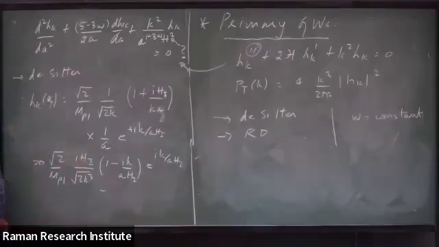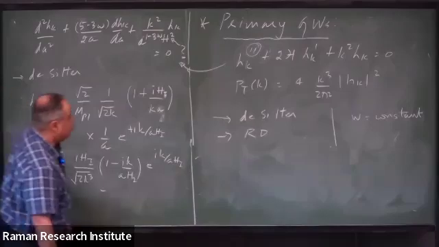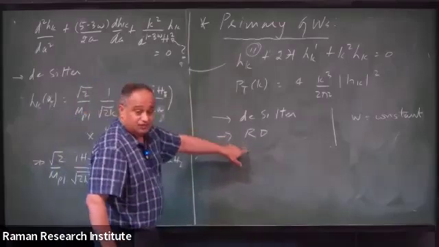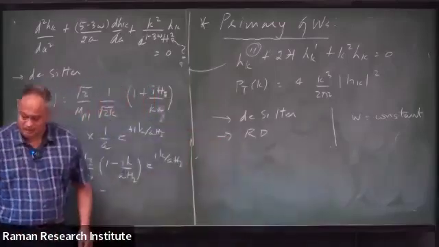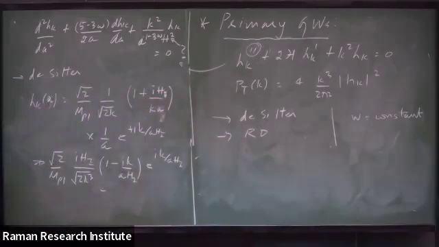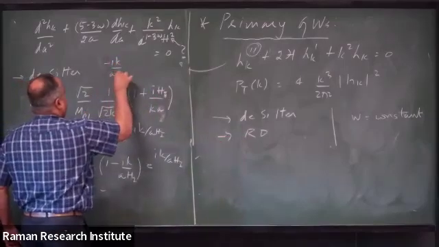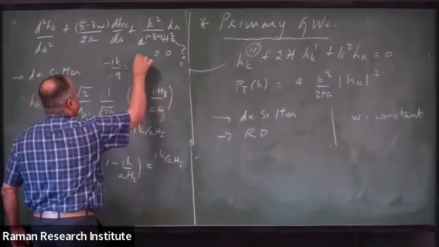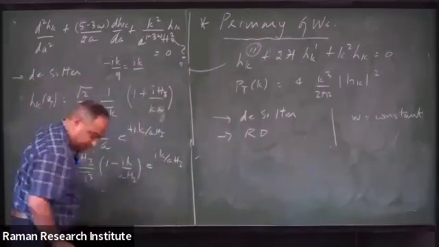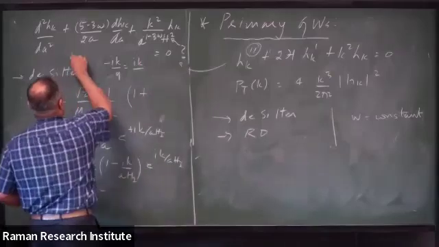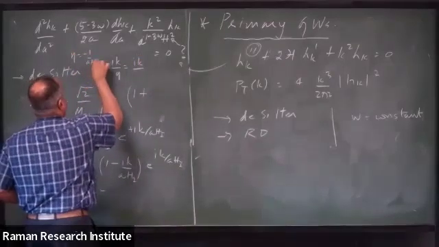Now we need to match this during radiation domination. What we are going to do is as follows. We are going to consider scenarios, as I said, de Sitter followed by radiation domination. Have I made a mistake? So it is 1 minus i k by a eta. Sorry, eta. There is something wrong here. Eta is minus 1 over aH.